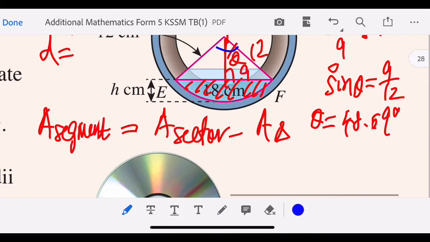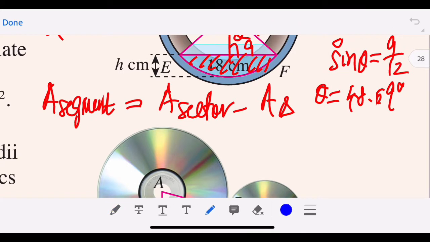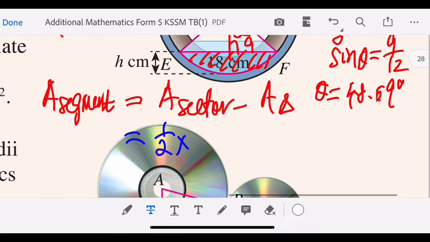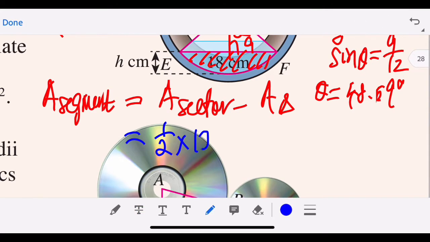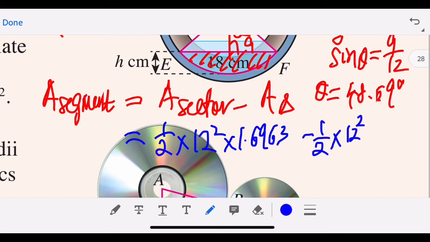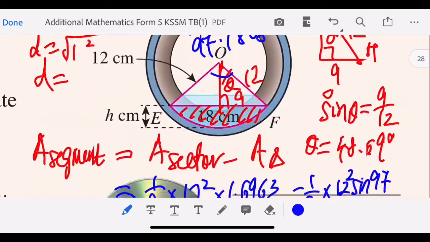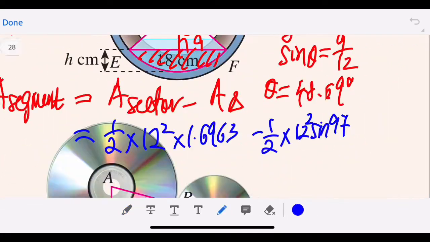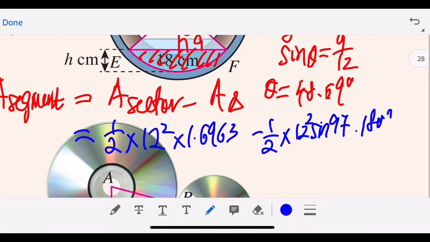So I'm going to find the area of the sector and the area of the triangle. So 1 over 2, what is the radius? 12, right? 12 squared, and then I times 1.6963, minus half ab sine of the angle, where a and b are radius, 97.1808 degree.